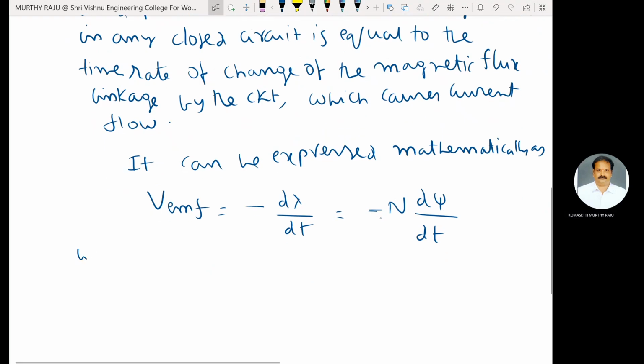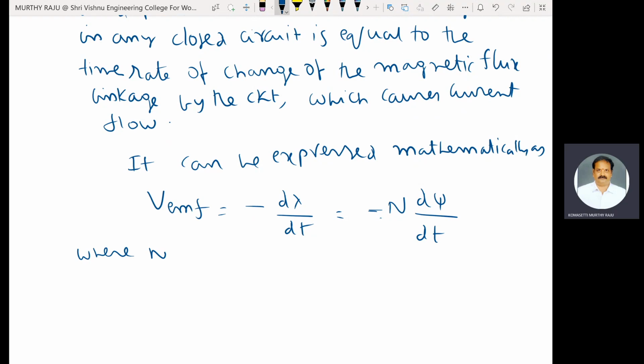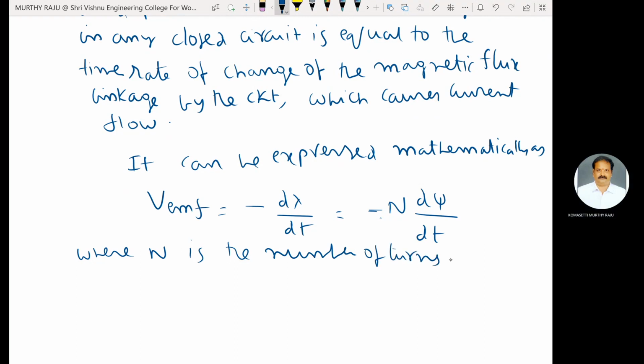Where N is the number of turns in the circuit. Suppose a transformer is there, with primary winding turns and secondary winding turns. These two are related by N1 by N2 or N2 by N1, based on step up and step down transformers.